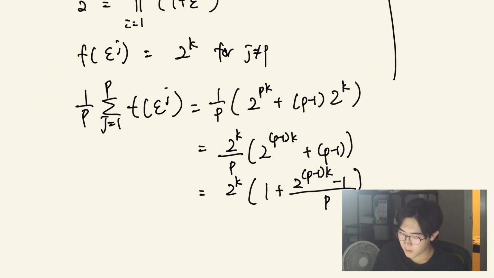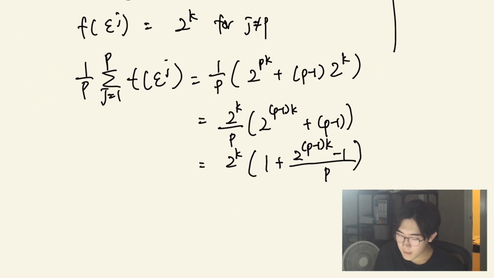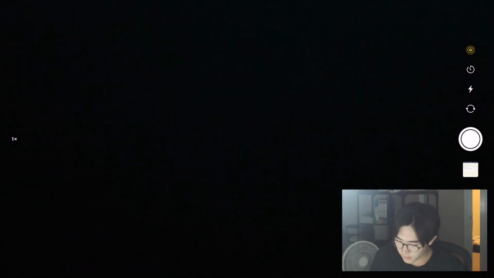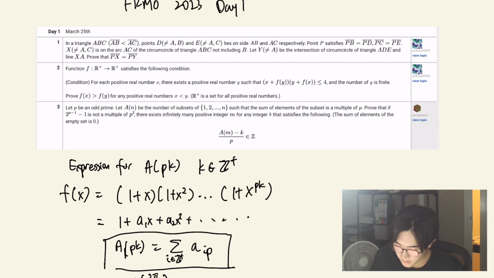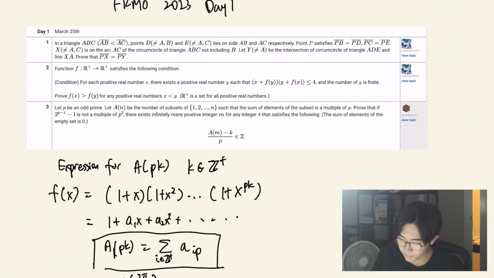And it was given in the problem statement that 2 to the power of p minus 1 is not a multiple of p squared.